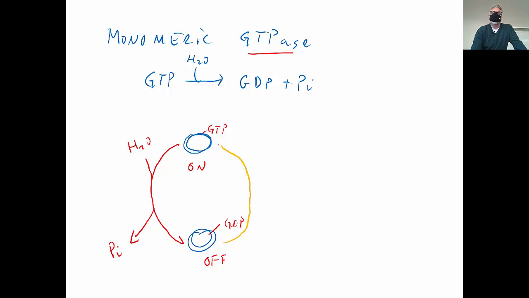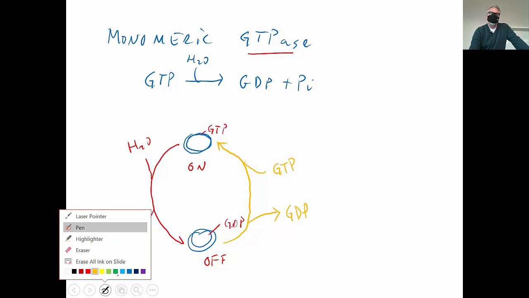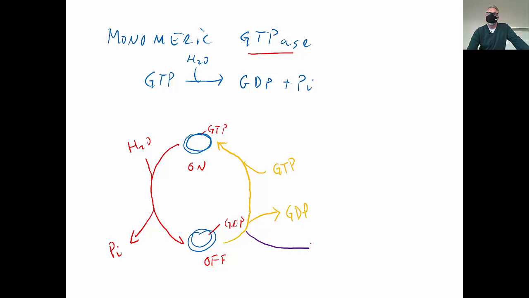To turn it back on, what we do is we kick the GDP out. This is very important. GDP leaves, and that empties the binding spot, and a brand new GTP comes in. The GDP does not get phosphorylated back to GTP.